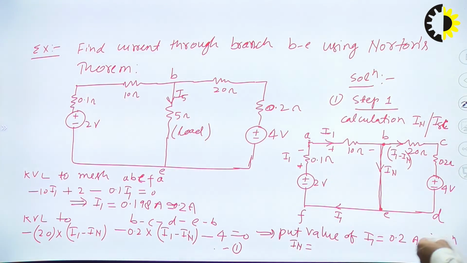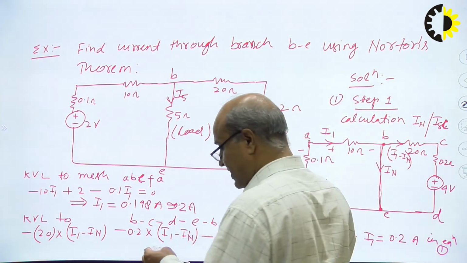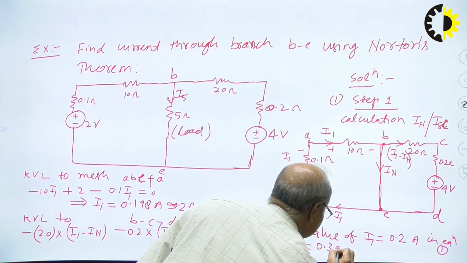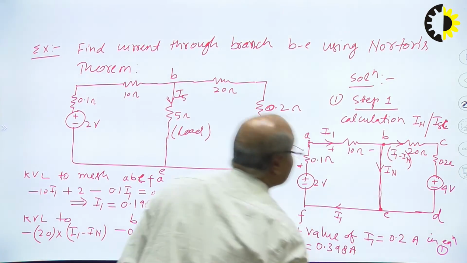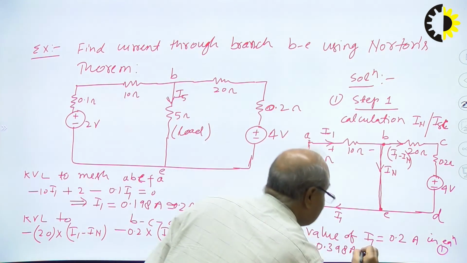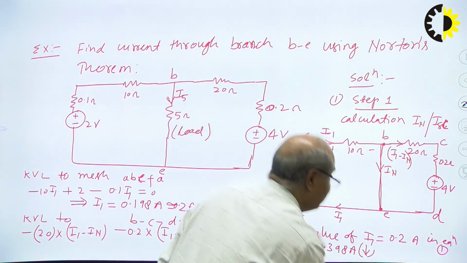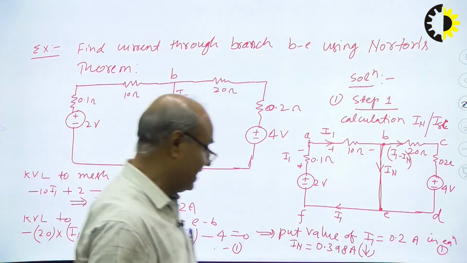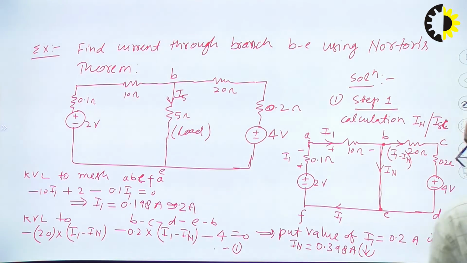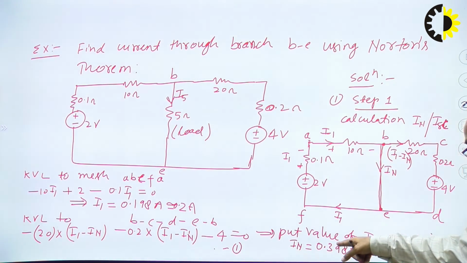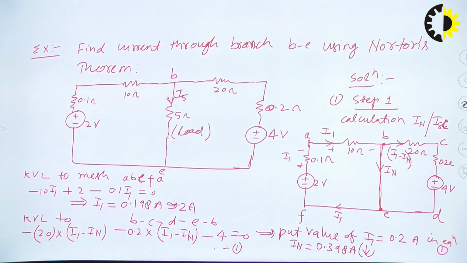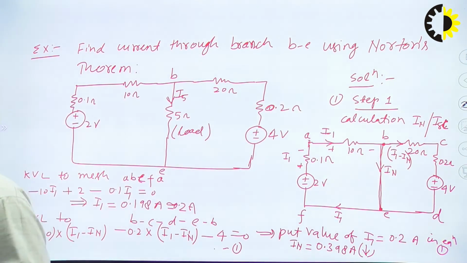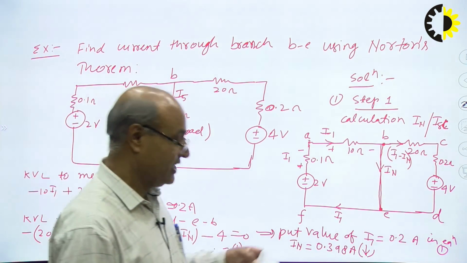If we put I1 equal to 0.2 in this equation, we get IN equal to 0.398 ampere, and IN is from B to E, that is downwards. In the case of currents we have to show the direction also. So IN will be downwards with value 0.398 amperes. So we have calculated the value of Norton's equivalent current or short circuit current.